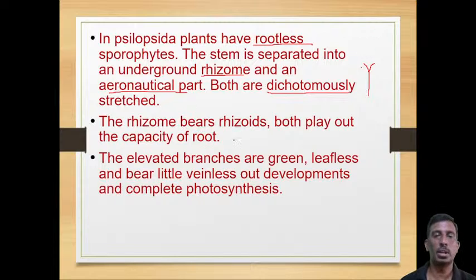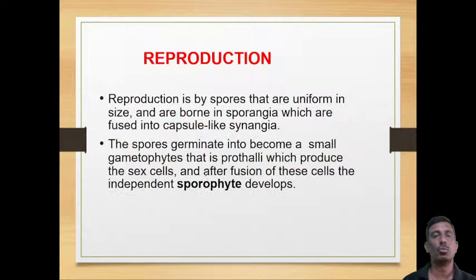So rhizome will bear rhizoids, which play the role of roots. The elevated branches, that is the aerial branches which have leaves, are veinless leaves which show photosynthesis.